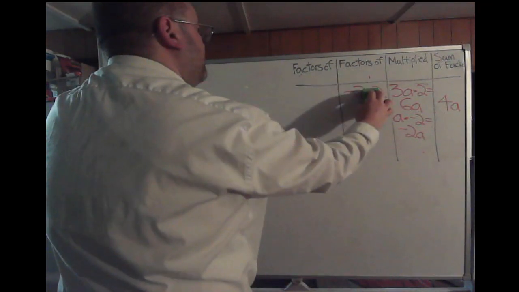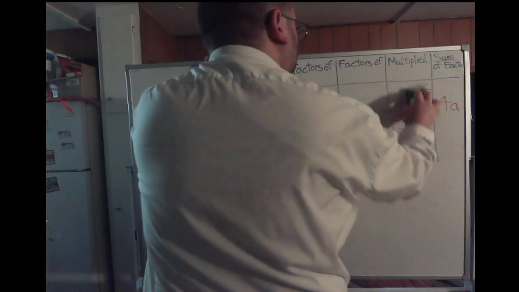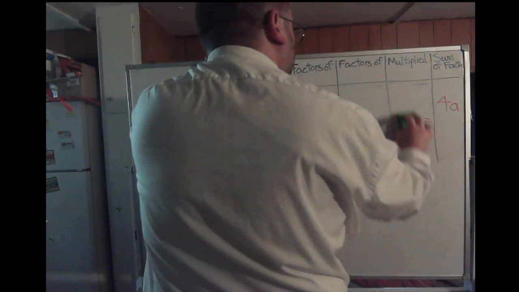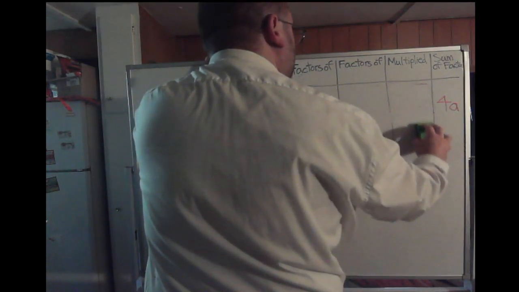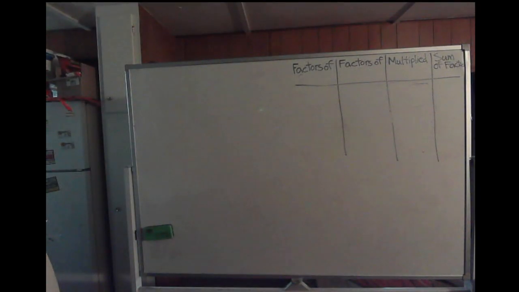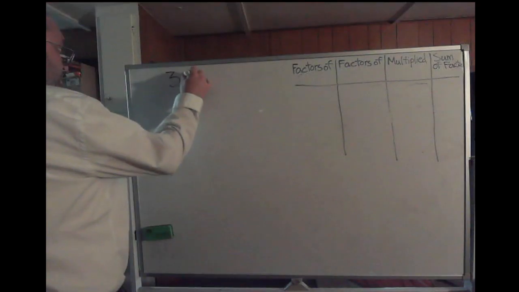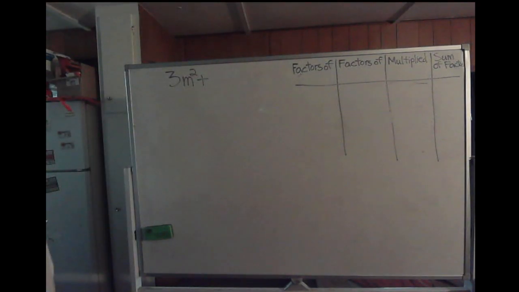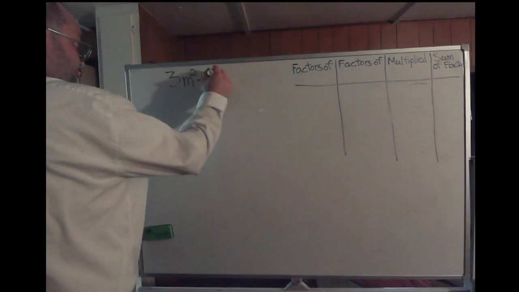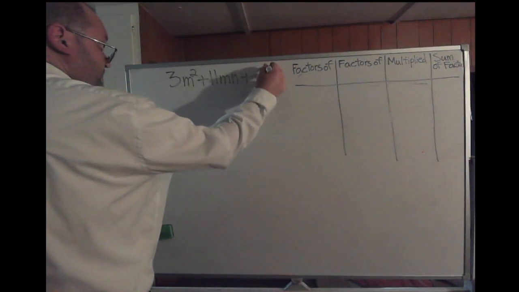All right. Let's jump a little bit more ahead here. We got 3m squared plus 11mn plus 6n squared.